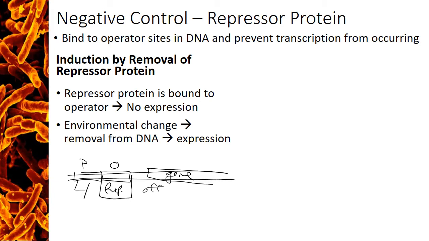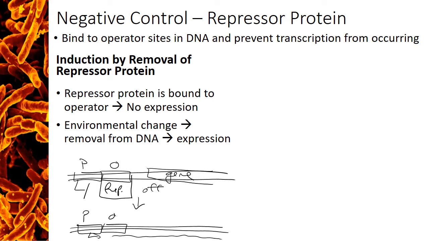It is blocking transcription. But then when the environment changes, remember in induction we go from a gene that is off to one that is now going to be transcribed. So now we are going to be able to transcribe. We're going to get our messenger RNA, and you notice that the repressor protein is now no longer bound to the DNA.